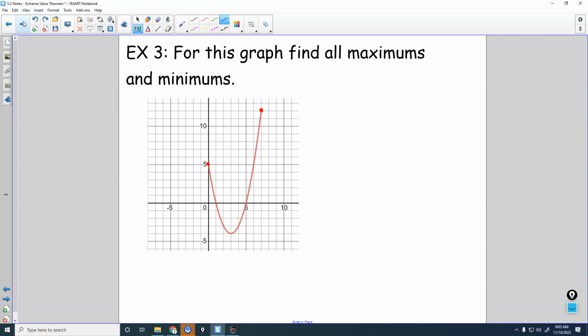This graph has an absolute maximum. What is the maximum? It'll be 12. It's right here. So this is actually a case where you don't have a relative. You don't switch from increasing to decreasing, so you don't have a relative maximum, but you do have an absolute because it is the highest point on the graph. So the absolute max is 12, which occurs at x equals 7.